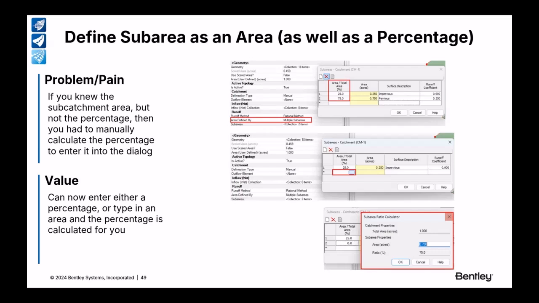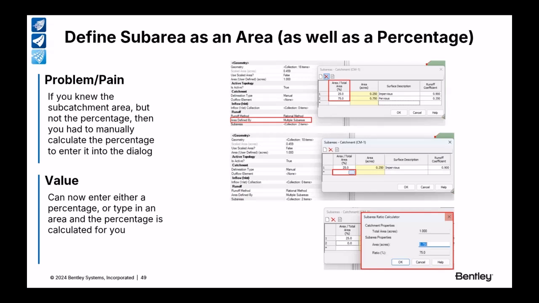So you're achieving the same objective, but you get to choose whether you want to define the sub areas in percentage terms or area terms. And one nice little touch is if the sub areas that you've put in so far don't add up to 100%, or they don't add up to the total catchment area, whenever you define a new sub-catchment area, the dialog will always default to the remaining area.